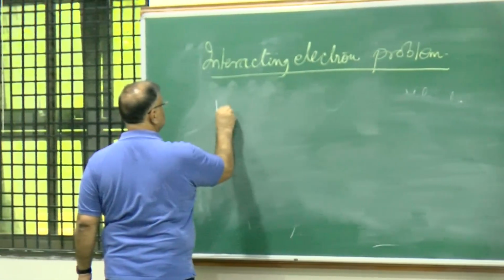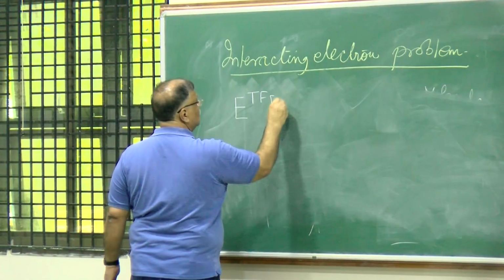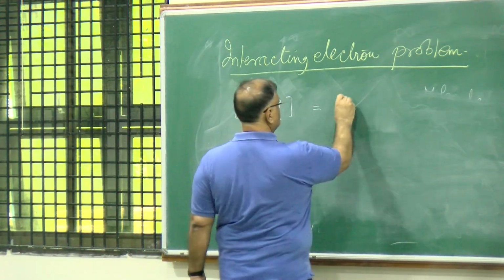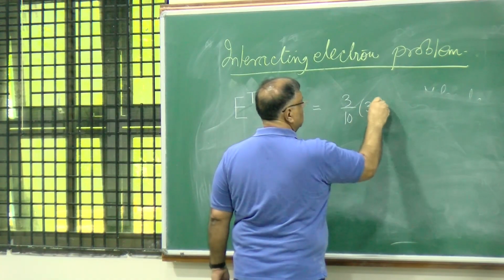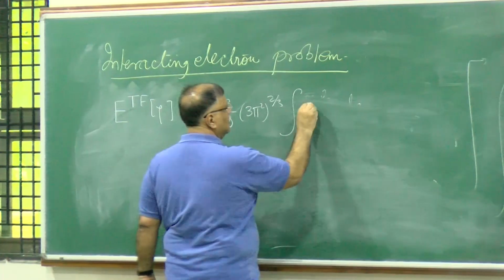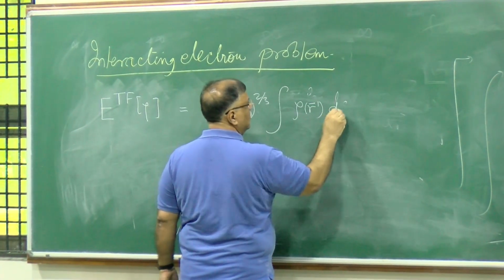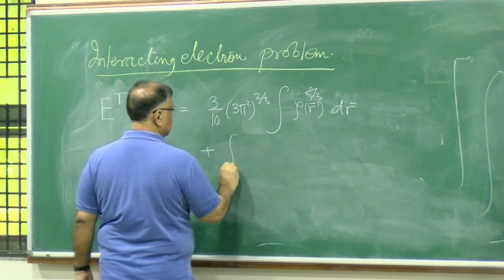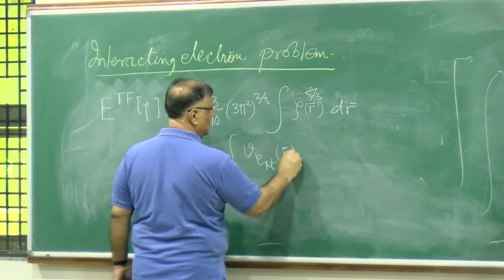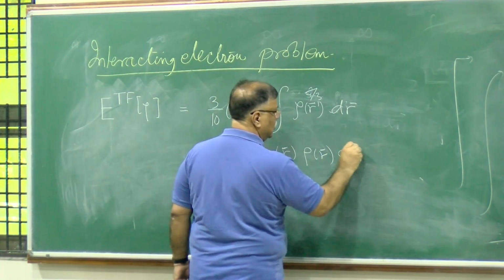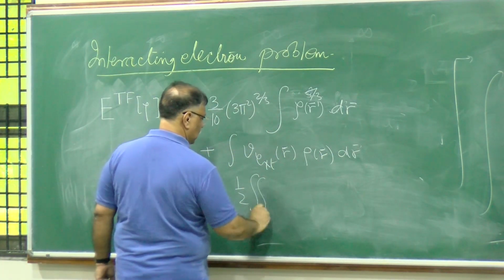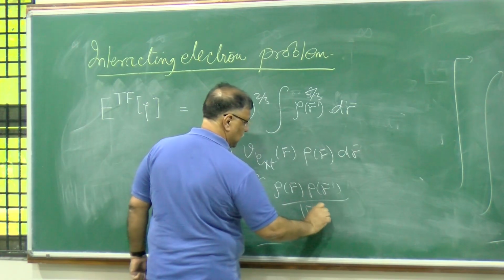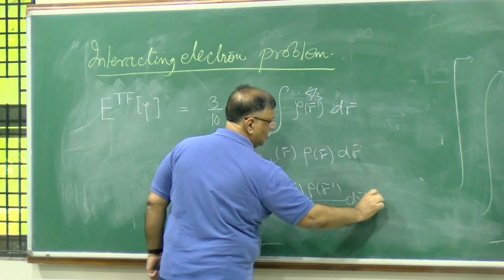So we'll write E Thomas Fermi of rho as equal to 3/10 (3 pi square) raised to 2/3 integral rho(r) raised to 5/3 dr plus V external(r) rho(r) dr plus 1/2 integral rho(r) rho(r prime) over |r minus r prime| dr prime.